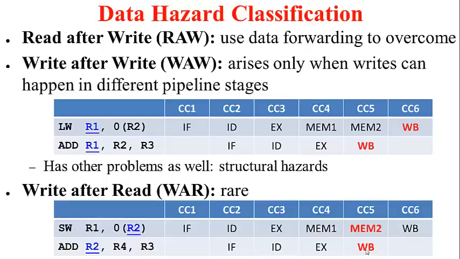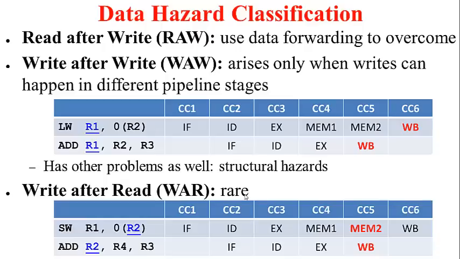And if we also had the register file arranged such that write happens first and then read happens, we will see that the store word will read the wrong value of R2. So it will read the value produced by add, assuming that the value is read in clock cycle number 5 in the MEM2 stage. As we can see, there are a lot of ifs which we have to put together to create this write after read hazard. It is indeed quite rare in any architecture.